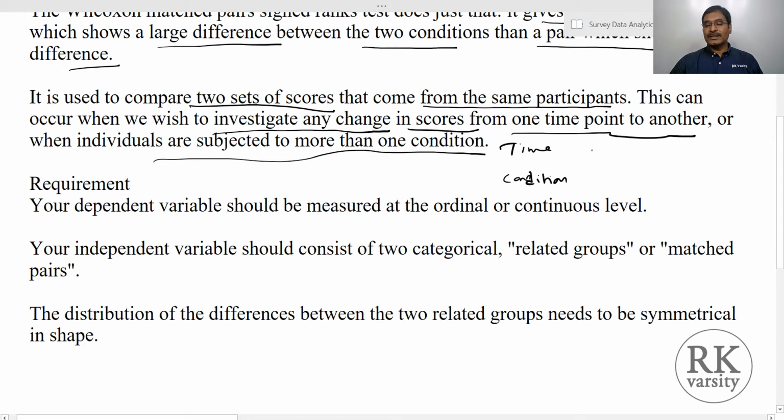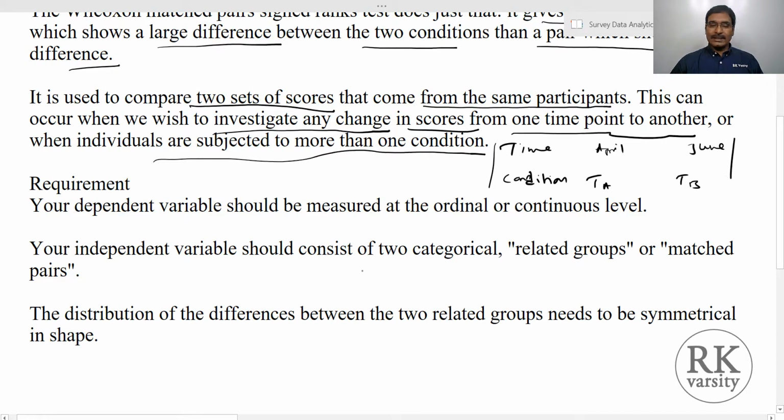When you are measuring at two different time points, let us say one time point is April and another is June, or the condition is that the respondents are given treatment A, then treatment B. Same respondents for two different types of treatment, A and B. For either of these two conditions, we use the Wilcoxon rank test.